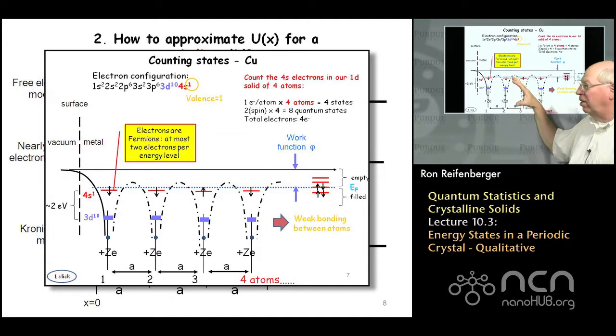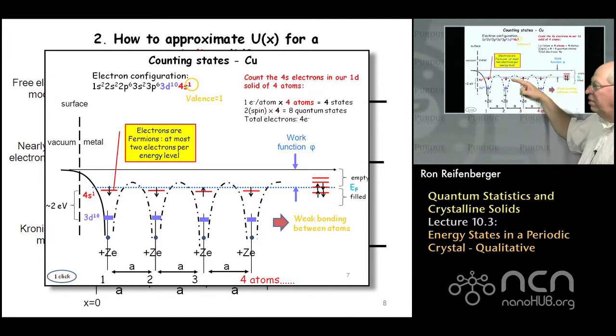Things don't scale on this diagram. The diagram is not drawn to scale, but these electrostatic potentials here are very, very deep, thousands of electron volts, right? The topmost electron states are on the order of 1 electron volt wide or so. So clearly this diagram is not drawn to scale on an energy axis.